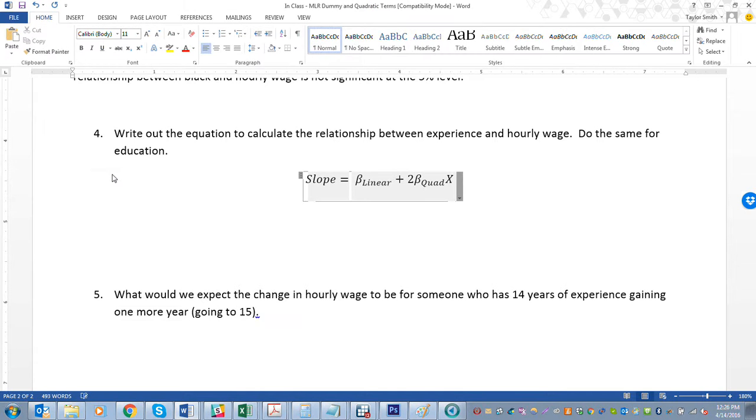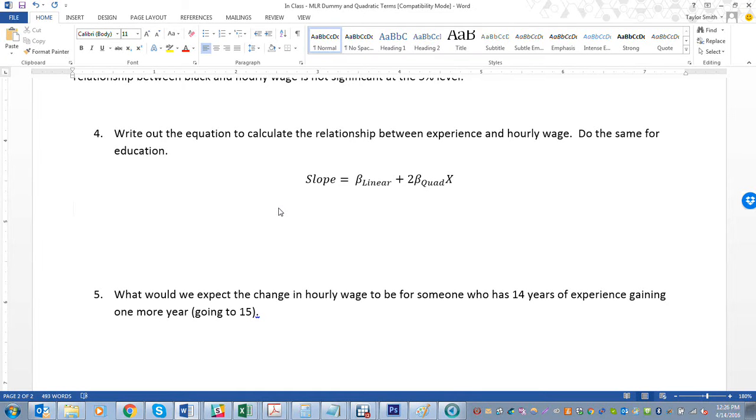Okay, so that was the equation that we said we needed to plug in to find that relationship between some x variable that has both a linear and a quadratic term. And so in this case, we're going to use that equation here.